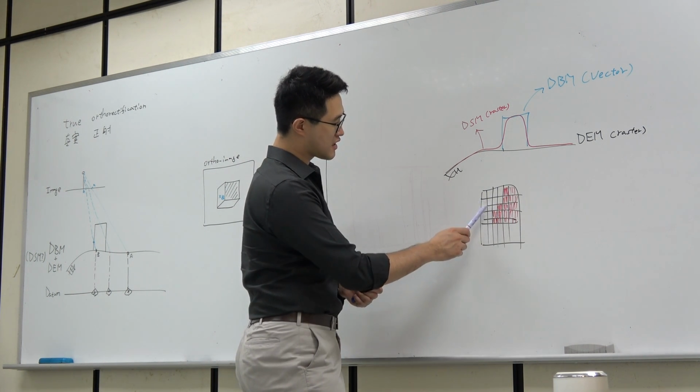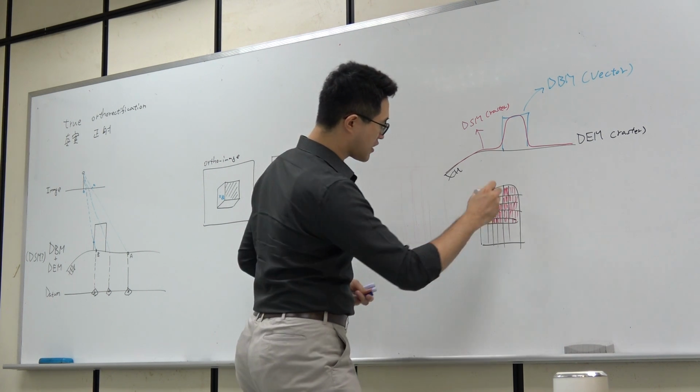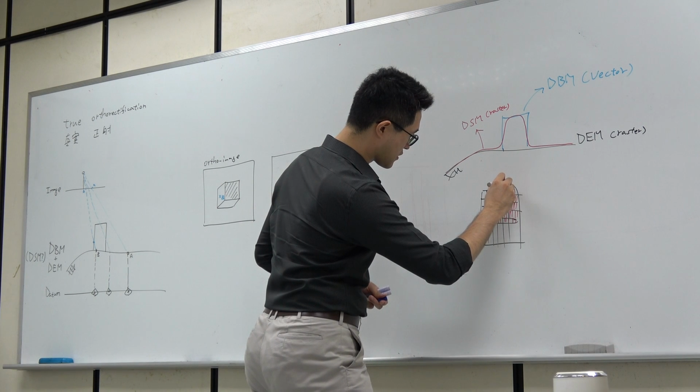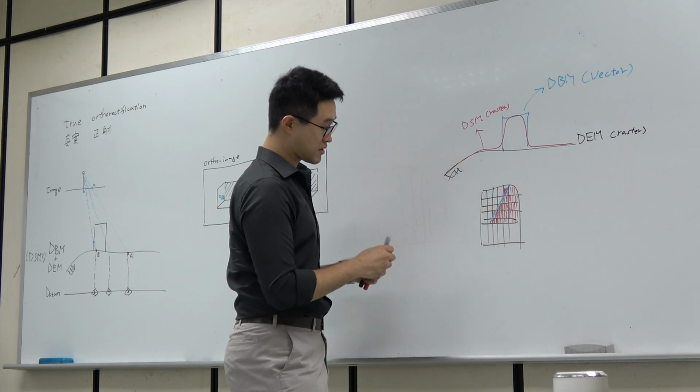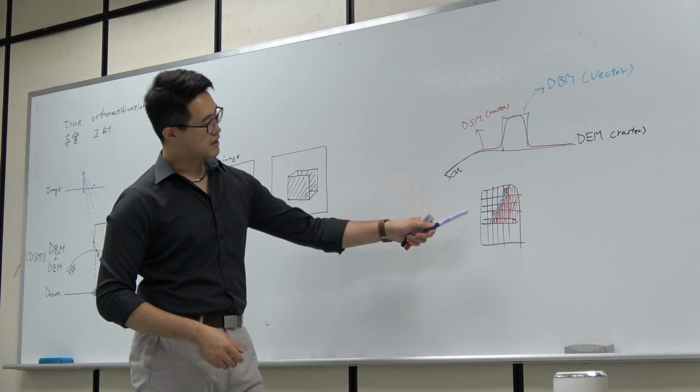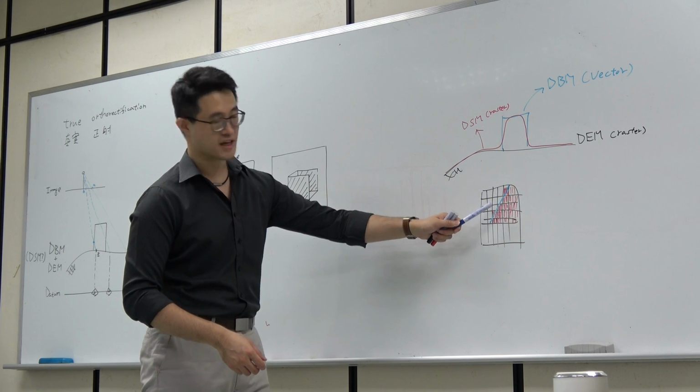So this cannot be used to describe, for example, if the correct building edge is something like this, or is something like this. So the DBM can give you a very precise, clear-cut edge, but DSM cannot.